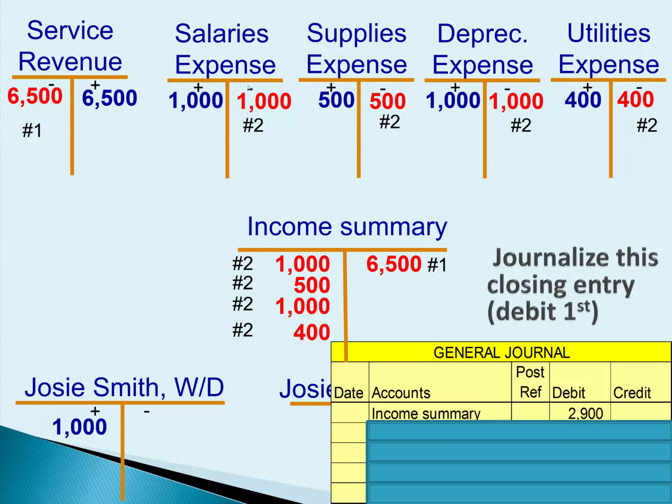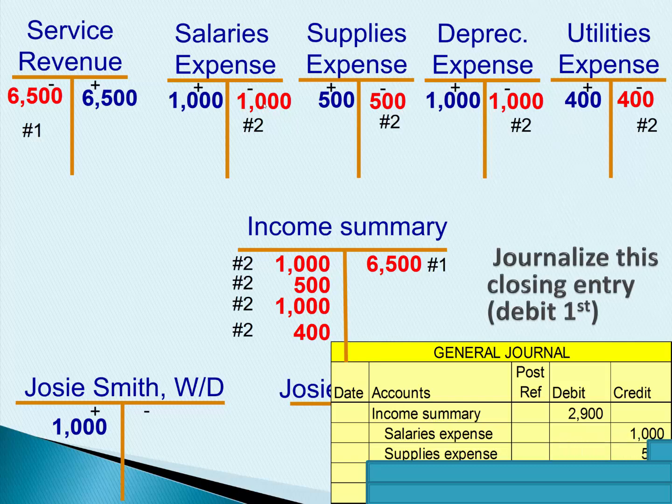So we've added up these debits, they're 2,900. Now we have to close these expenses. So let's start with salaries expense. We have $1,000 as the credit. We've got supplies expense, $500 credit. We got a depreciation expense, $1,000 credit.